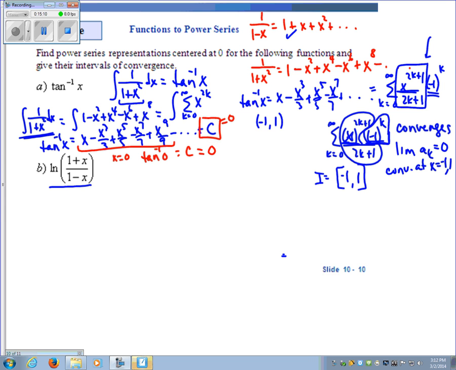Okay, so now let's get to that last one again. We saw that the natural log of the absolute value of 1 minus x was equal to negative x minus x squared over 2 minus x cubed over 3 minus, and so on. So I'm going to form this new one by looking at the log and separating it into two expressions.